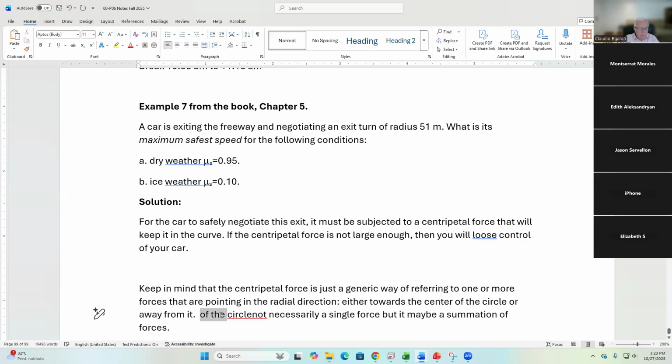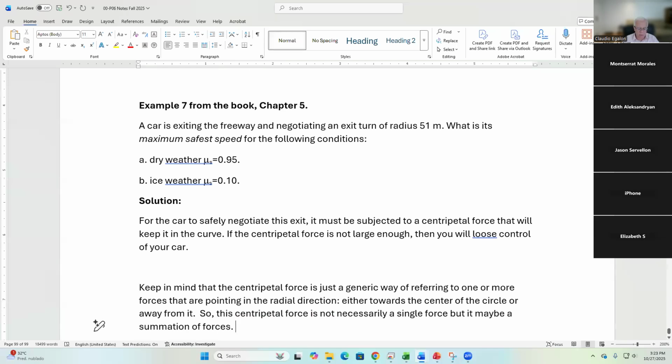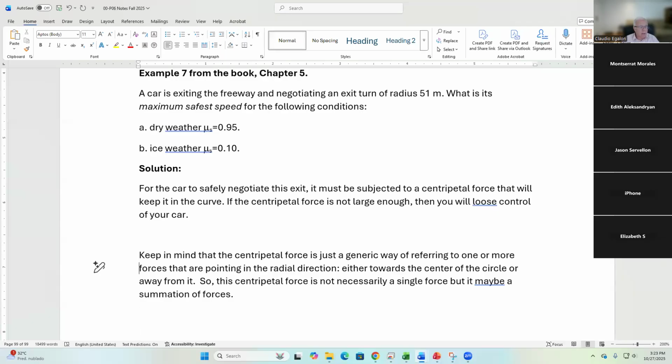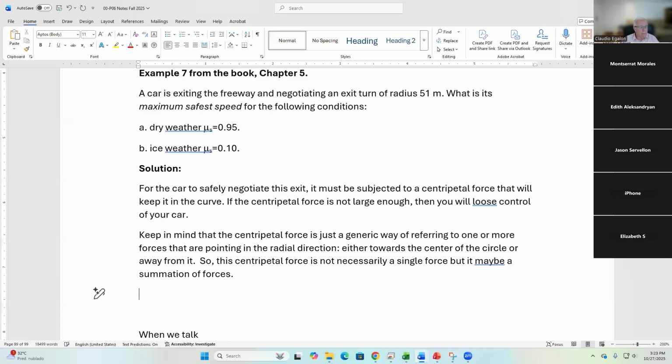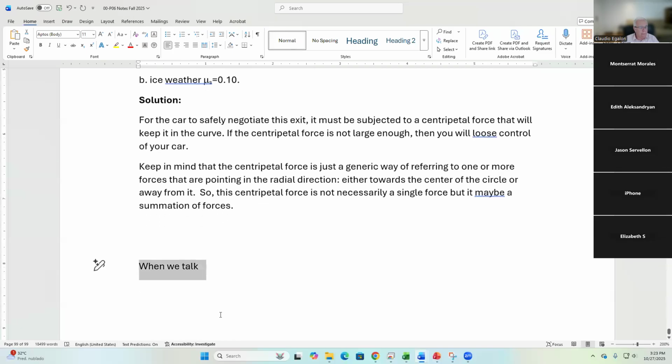So this centripetal force is not necessarily a single force, but it may be a summation of forces. Keep that in mind. And we are going to look into this type of force.